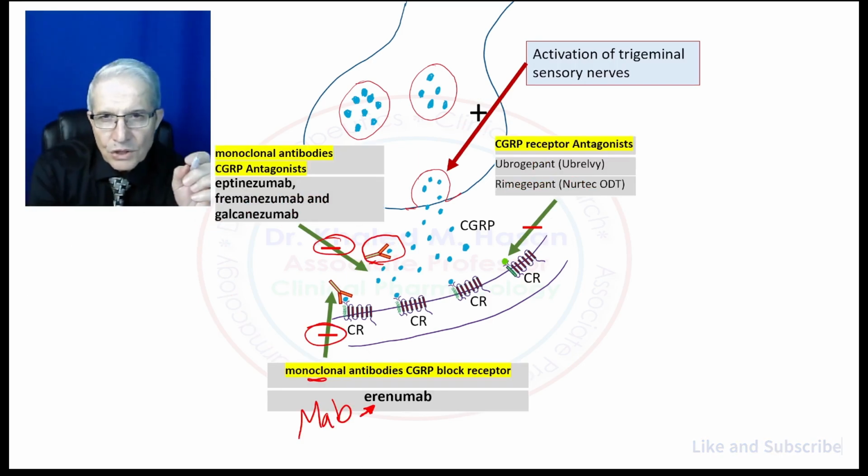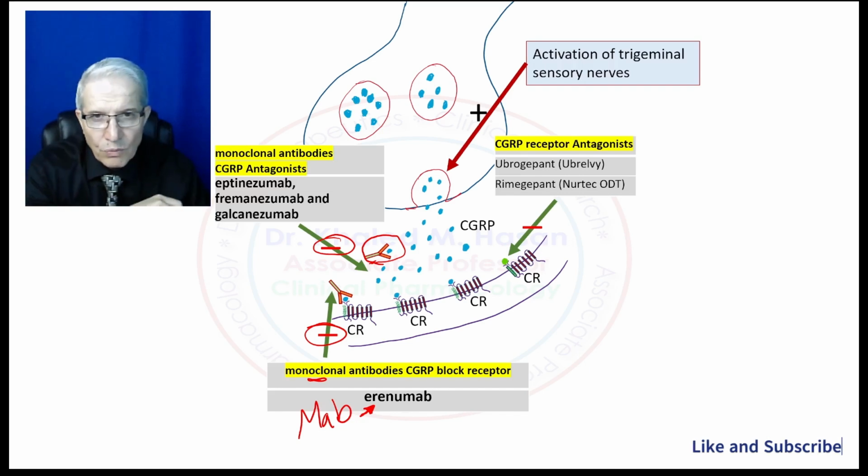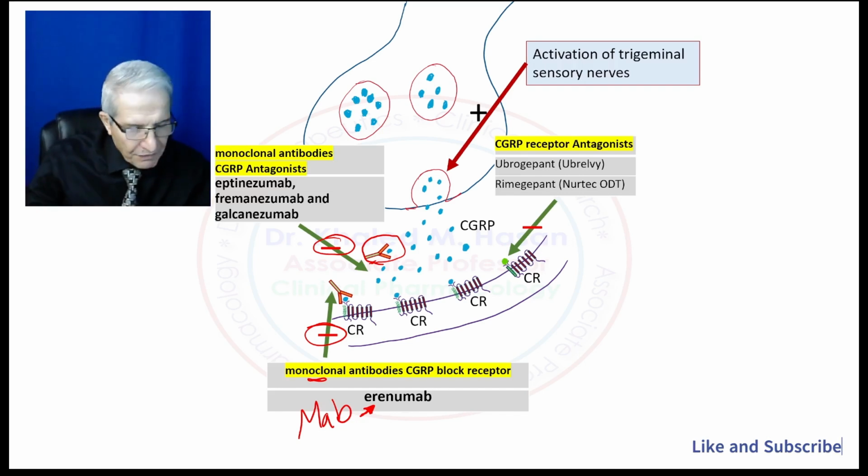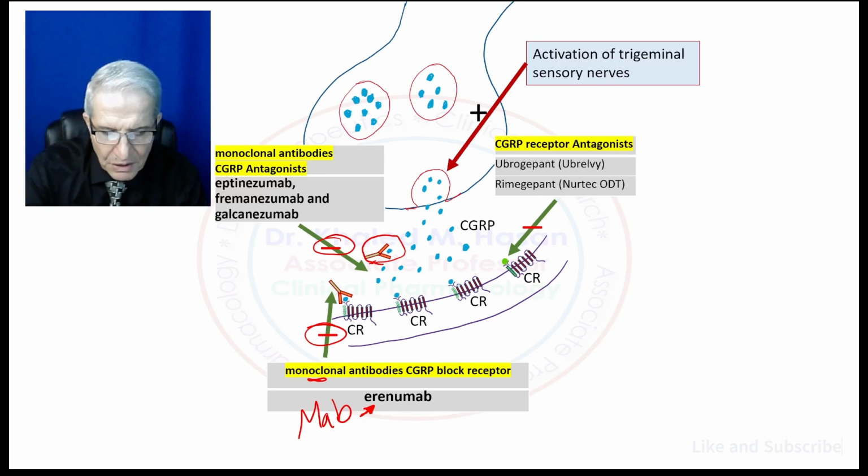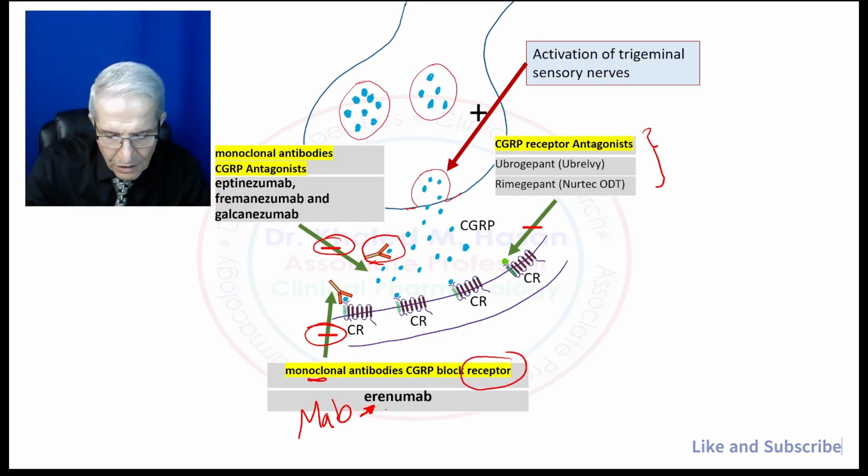Okay, as you can see here, we have three main groups that affect the CGRP. The first group is the CGRP receptor antagonist. Here we have rimegepant, atogepant, Ubrelvy, and Nurtec. Then we have the monoclonal antibody that blocks the receptor, erenumab here.